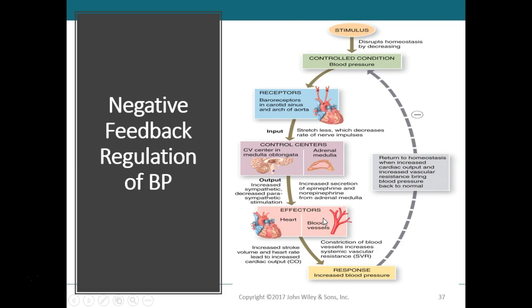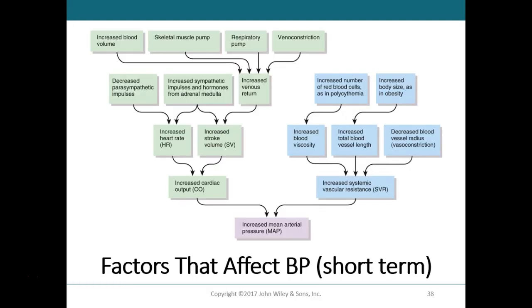Your epi and norepi are going to cause vasoconstriction of some of those systemic blood vessels, so that increases peripheral resistance. So increasing cardiac output and increasing peripheral resistance caused the response to be increased blood pressure, and that returned our body back to homeostasis, back to the controlled condition.